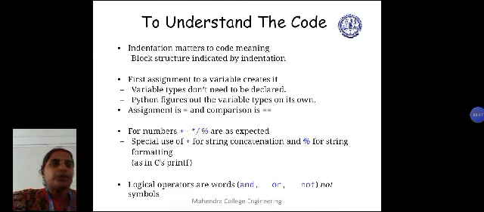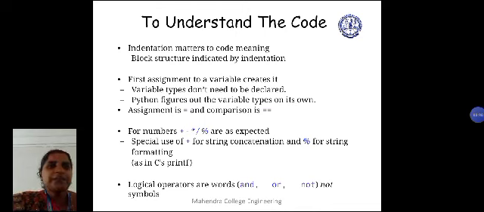So now we are going to understand the usage of code. Indentation is an important thing in Python programming. Indentation matters to code: the block structure is indicated by indentation, starting with the first assignment to a variable.